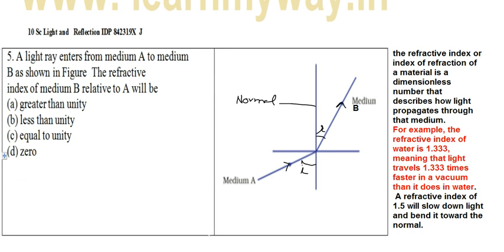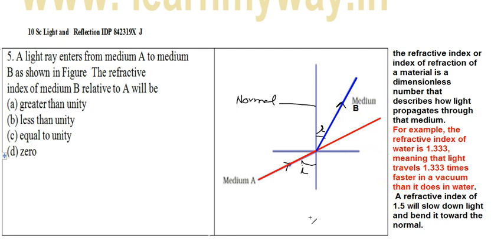This ray of light is going this way, but when it enters medium B, in place of going straight, it bends towards the normal. Here it is bending towards the normal, this blue color light.